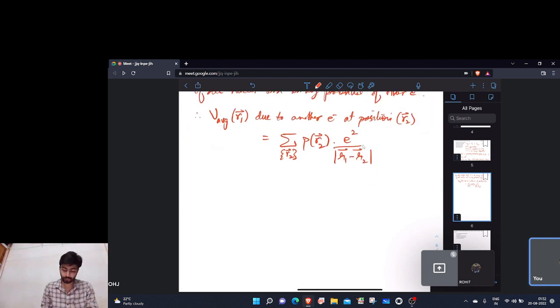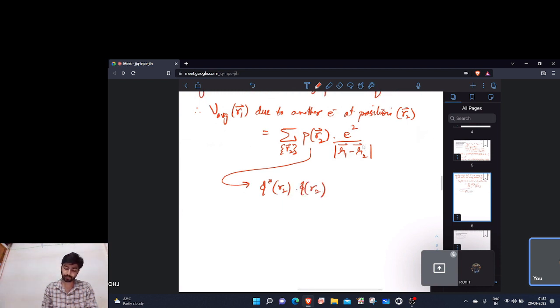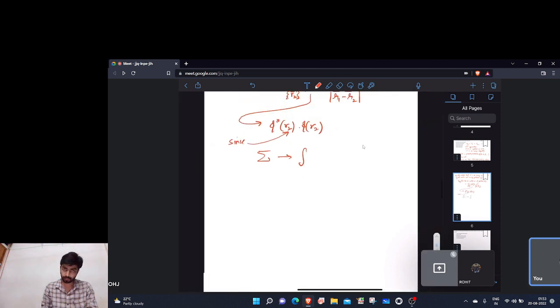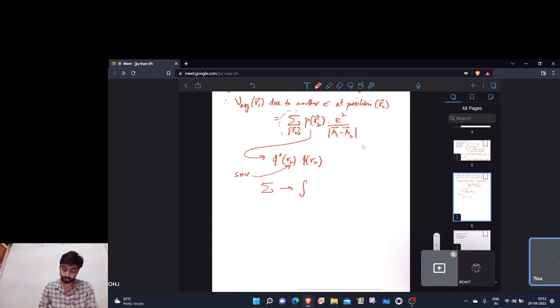Now this probability P of R2 is nothing but phi star R2 phi R2. Since R2 is a continuous variable, the summation changes to an integral. So this sum is transformed into the integral of phi star R2 phi R2 e square over R1 minus R2.